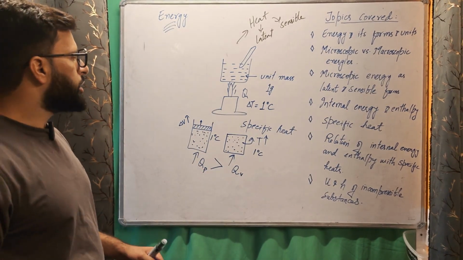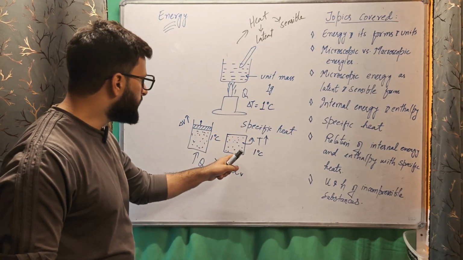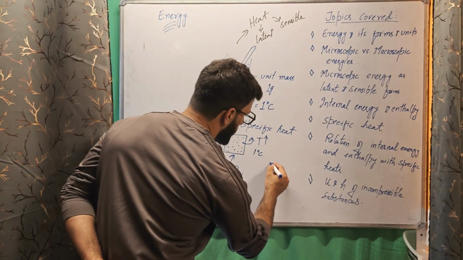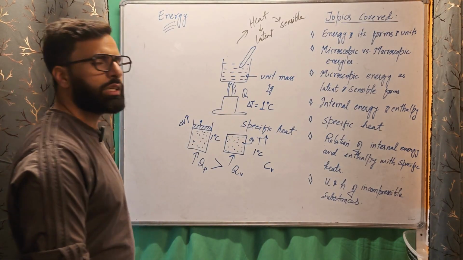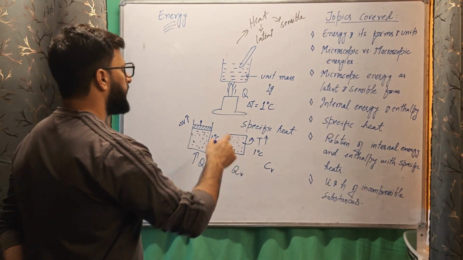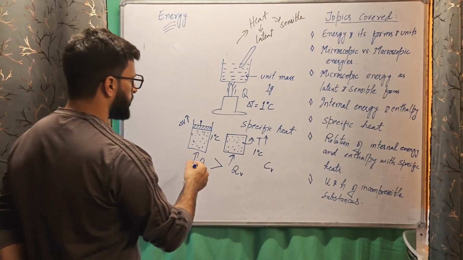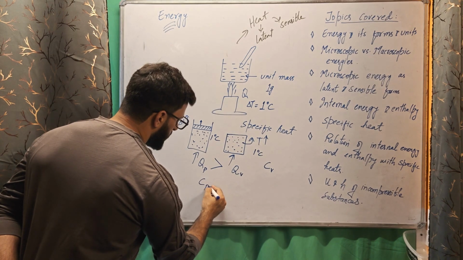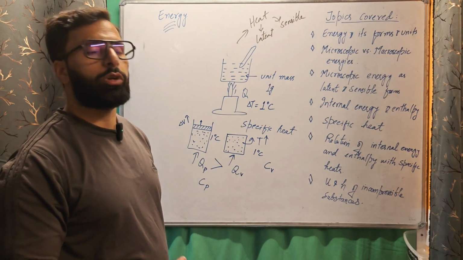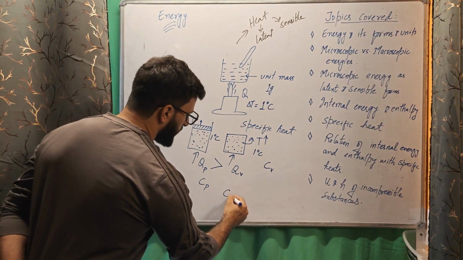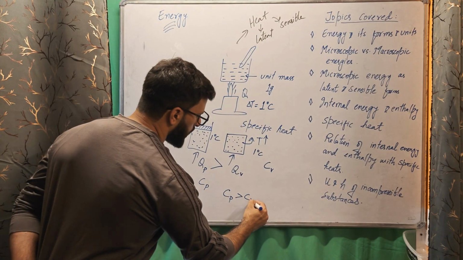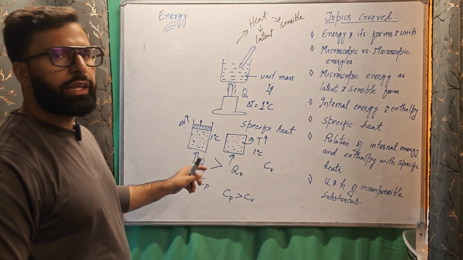When we measure the specific heat of the first kind of system, we call it CV, specific heat at constant volume. And when we measure the specific heat of the second kind of system, we call it CP, specific heat at constant pressure. Of course, CP will be greater than CV, as I have explained. How?